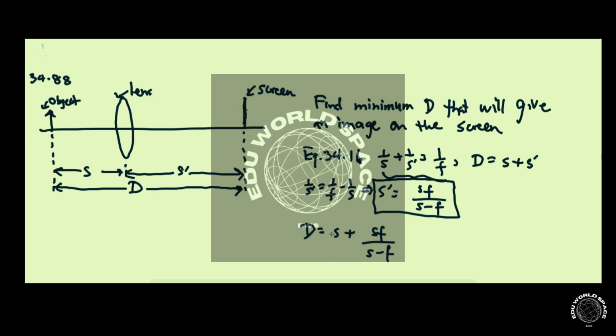So let me multiply the top and bottom of s by s minus f. So I have s minus f over s minus f times s plus sf over s minus f. And that gives me a d of s squared over s minus f.